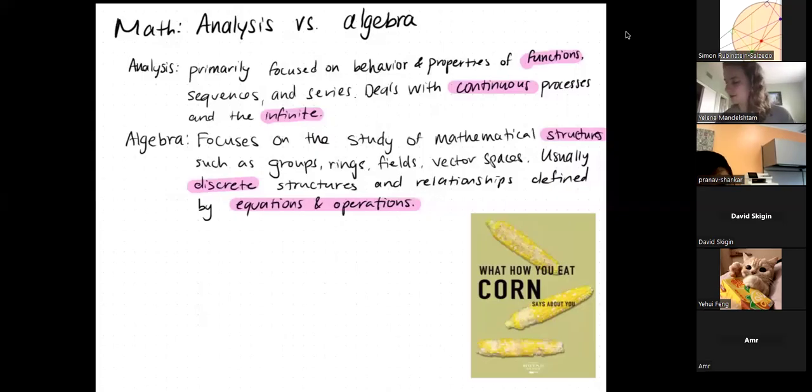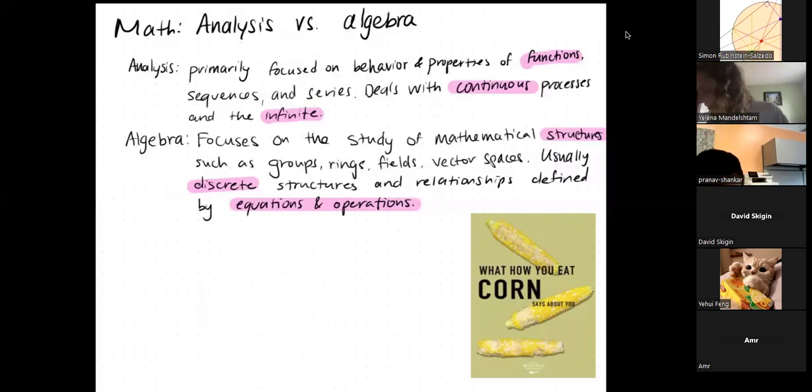And there are a lot of jokes about analysts versus algebraists. A lot of mathematicians will self-classify as analysts or algebraists. There's even this mathematical lore that how you eat corn can predict whether you're an analyst or an algebraist.